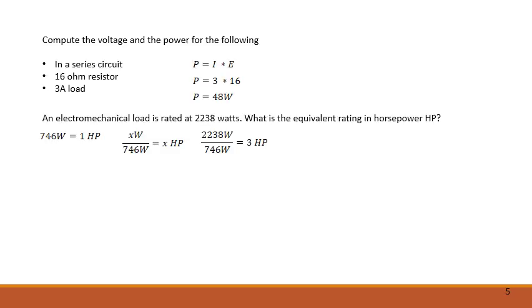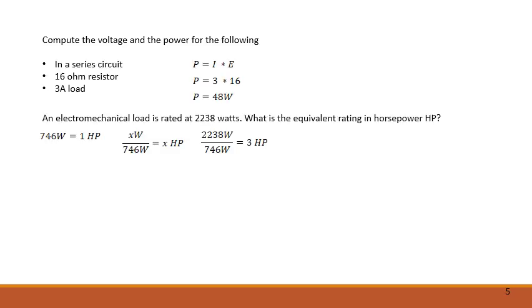An electromechanical load is rated at 2,238 watts. What is the equivalent rating in horsepower, or HPs? 1 horsepower equals 746 watts.